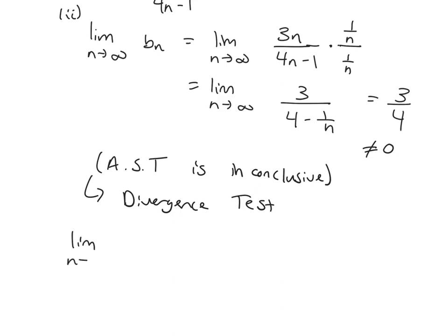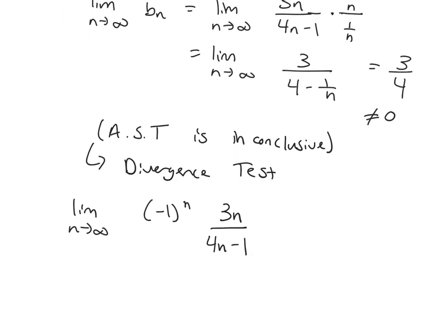So I'm looking at the limit as n goes to infinity of -1 to the n, and then I had 3n over 4n minus 1. And what we said is the limit of this positive part here is 3/4, right?